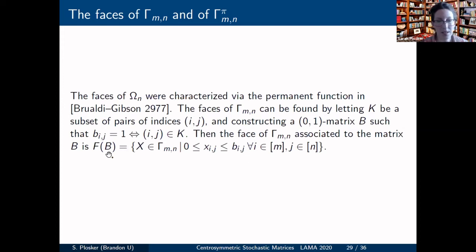So you fix a 0, 1 matrix B, and all stochastic matrices that are entry-wise less than or equal to B are going to be in your face.